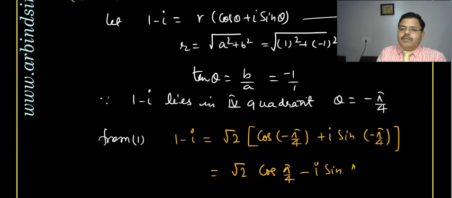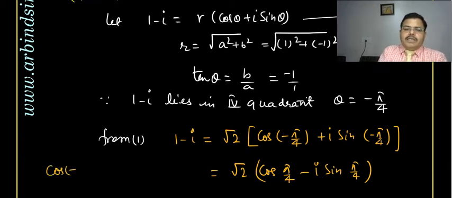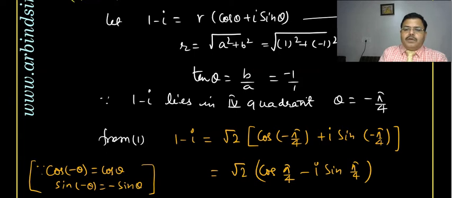And this is the polar representation. You got it. I hope you know that cos minus theta is cos theta, and sin minus theta is minus sin theta. So this is what I have used here.